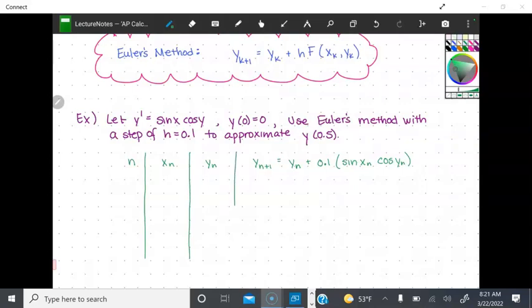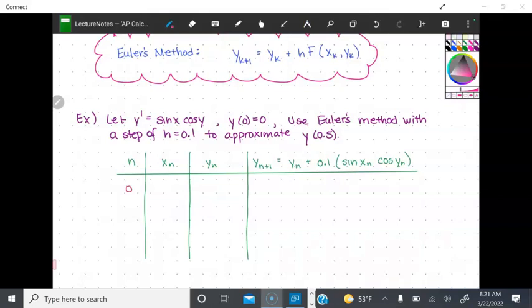I'm going to put some columns here. Actually, I want some room for y sub n to have some decimals. There's going to be a lot of decimals there. All right, let's see what this is. So we're going to start at our initial value.